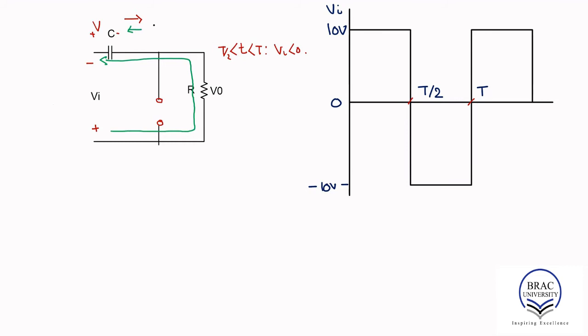So the capacitor won't be able to charge anymore. If the current is flowing through the capacitor in the opposite direction, from the positive terminal to the negative terminal through the external circuit, the capacitor is no longer charging. Instead, the capacitor will be discharging.